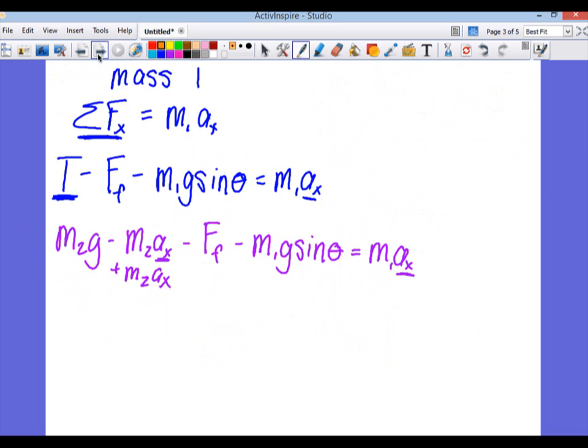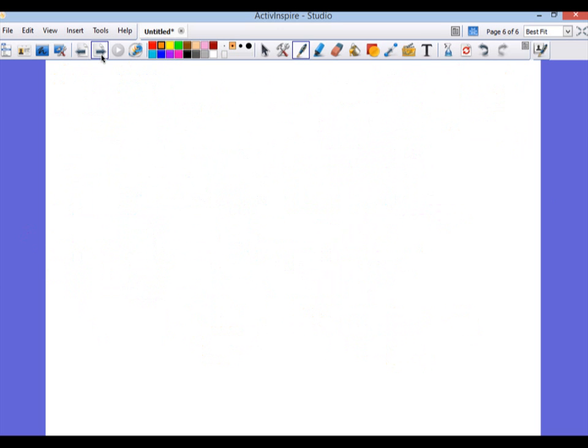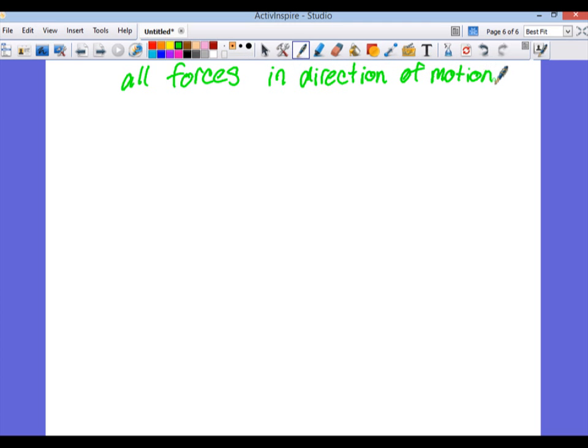So a quick way, if you want to see our shortcut method, is where we take into account all of our forces acting in the x direction, all forces in our direction of motion, which for us will be the x direction.